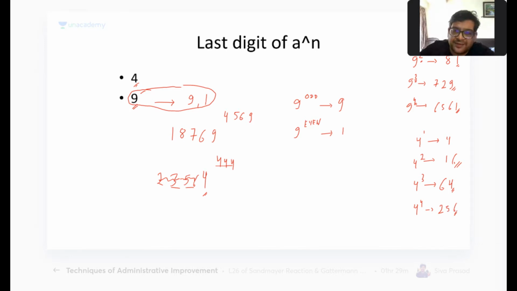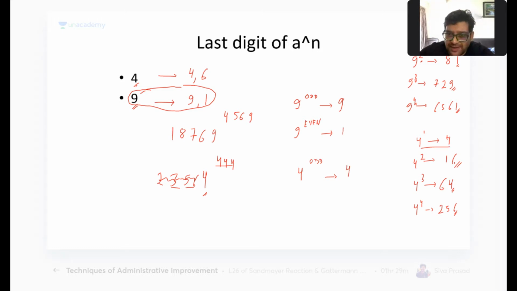As you can see, the pattern followed in case of 4 is that there are just two values, or it has a cyclicity of 2, which keeps on repeating itself. So this is 4 and 6. If it is 4 to the power of an odd number, then it will end in 4.